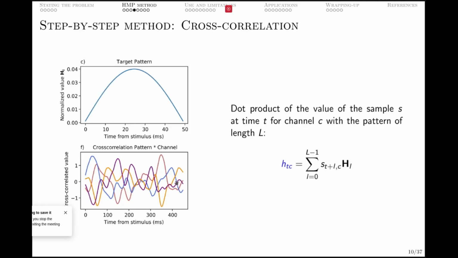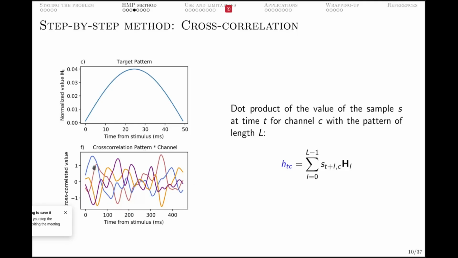That's what the equation does. It's just computing how this sample and the 5 next samples, for example, look like this pattern. You do that for every sample up to the end of your duration, which in this case would be the moment of the reaction time or the response, and you do that for every channel.